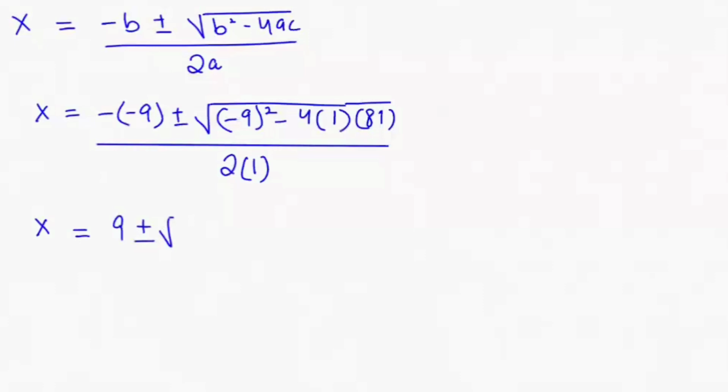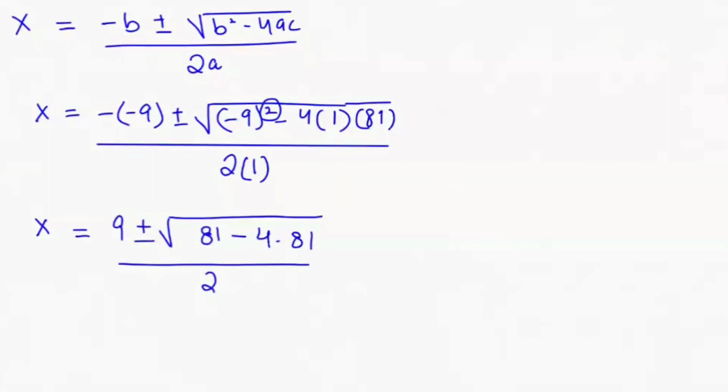This will turn to positive 9 plus or minus root. Now here, negative 9 to the power of 2 is equal to 81, because of the even power the answer is positive, and minus 4 times 81, over 2.